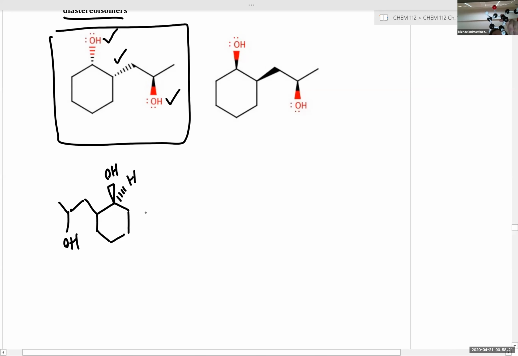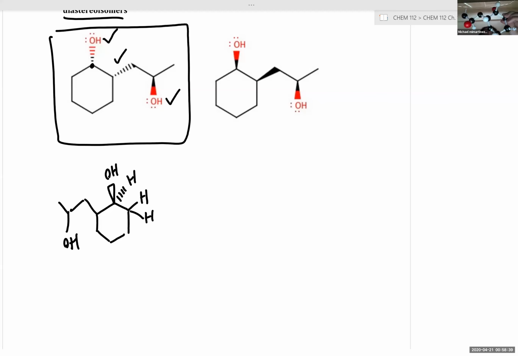Okay, perfect. So we have center 1 established. Let's continue to take a look at this flipped structure, as we've also solved some of our problems for our adjacent stereocenter.